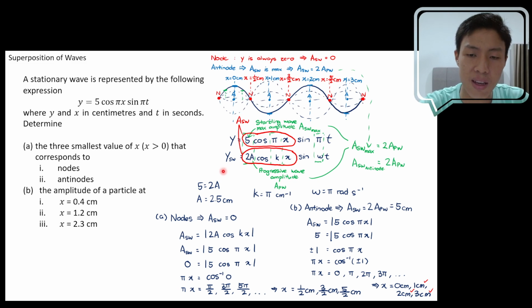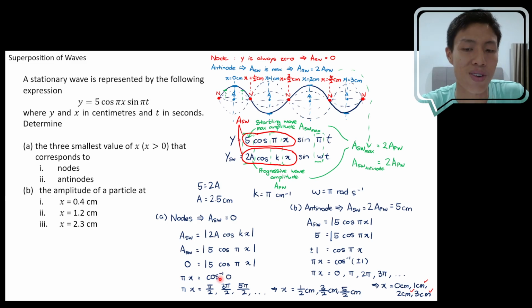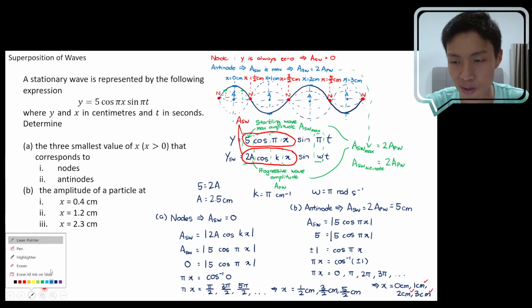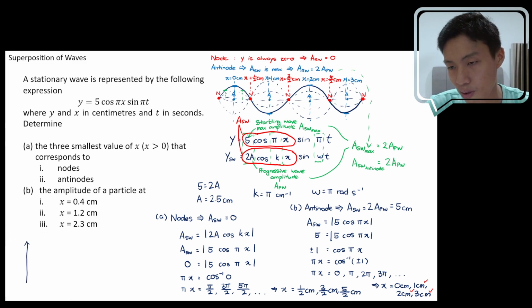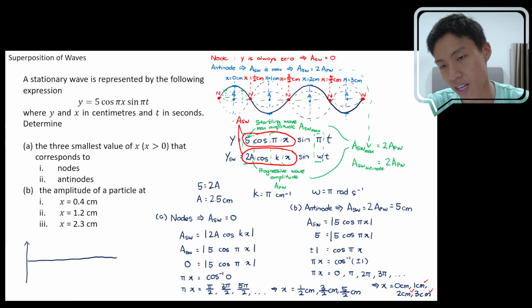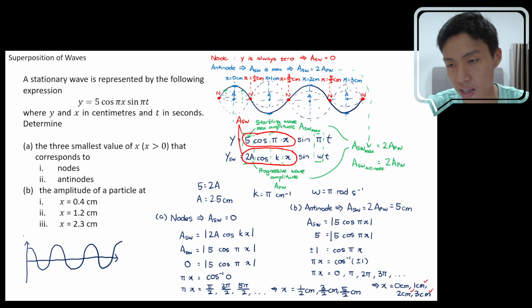Okay, one thing that many students might have issue with is that if you do inverse cosine of 0, if you key it into the calculator, probably the only value you get is pi over 2. But where do I get all these other values, right? You have to come back to your concept for mathematics. Okay, if you sketch a cosine graph, this is how a cosine graph looks like.